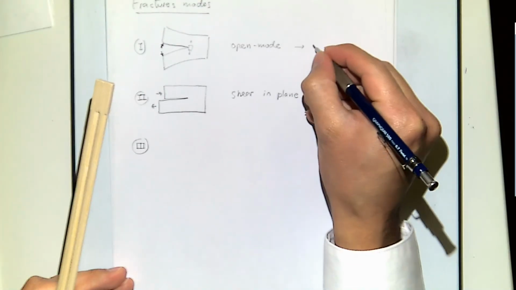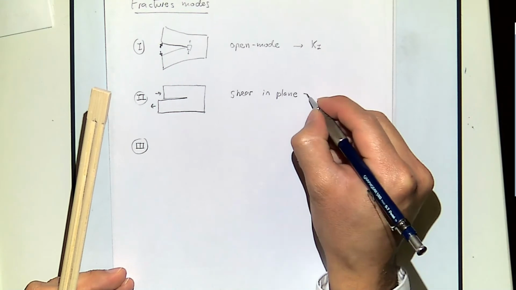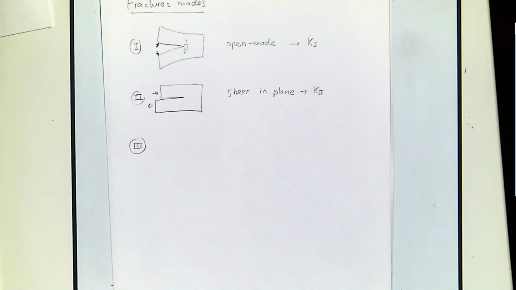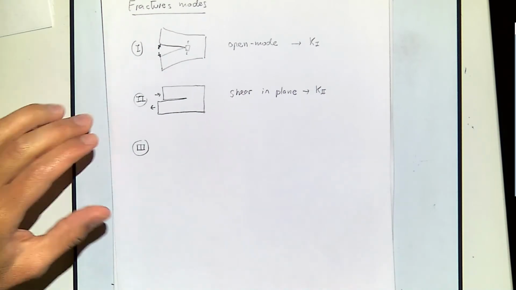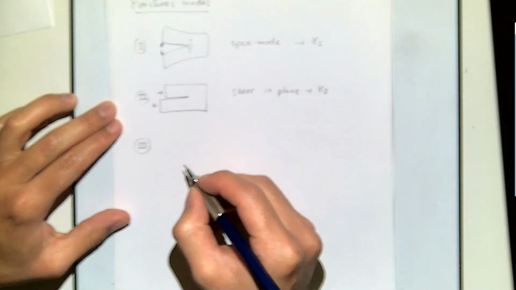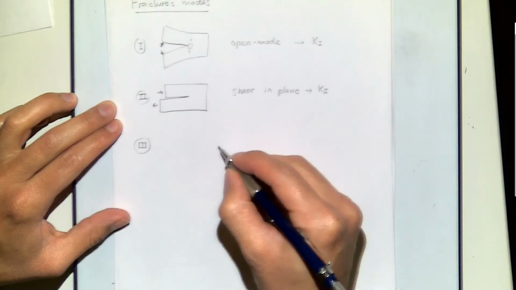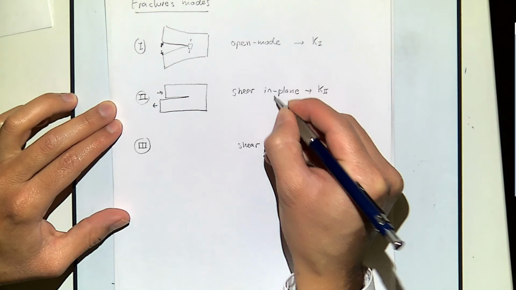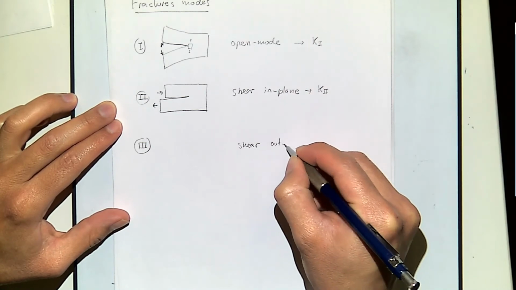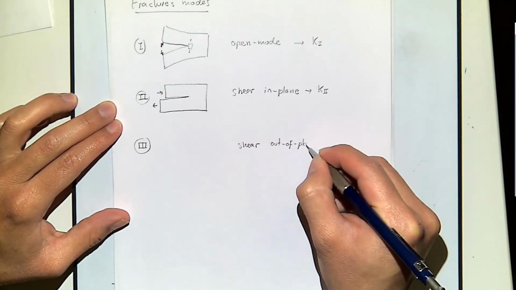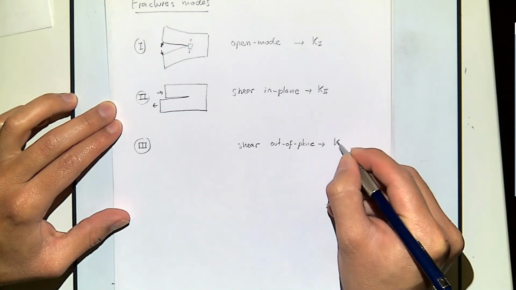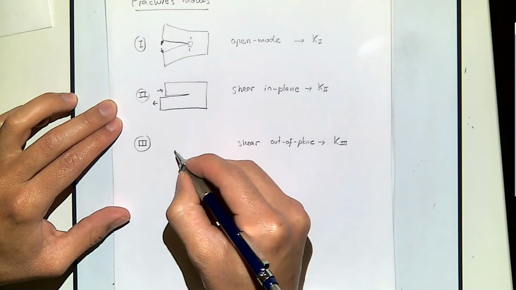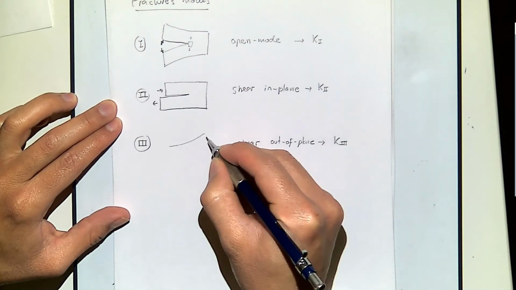Mode number 1 gives you stress intensity factor 1. Mode number 2 gives you stress intensity factor number 2. And the last one is mode number 3, which is shear but out of plane. In this case, this is called K3, and it looks something like this. Let me try to draw this.